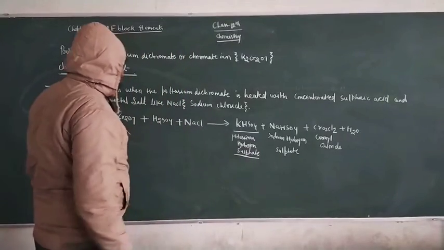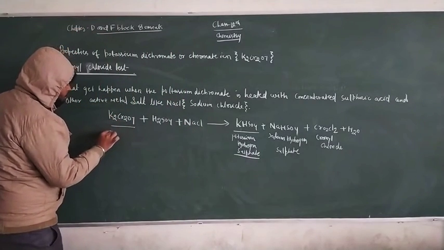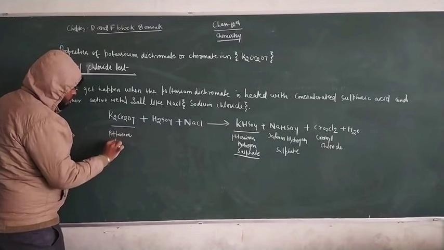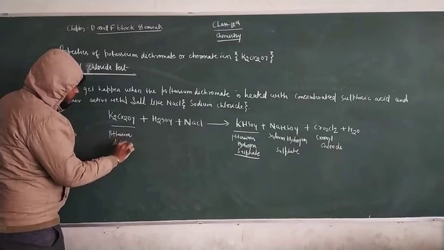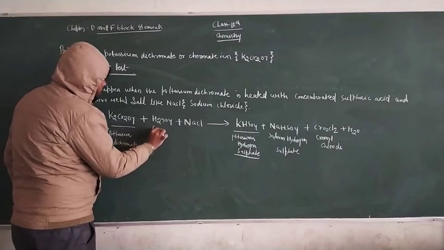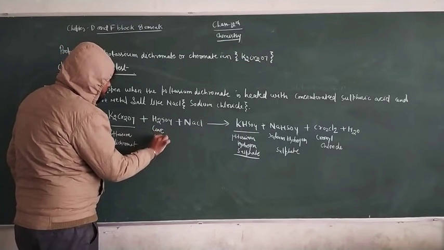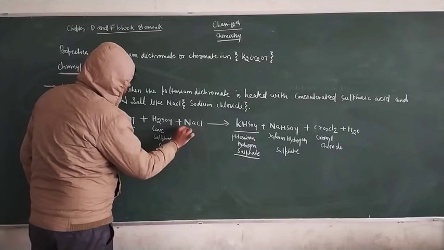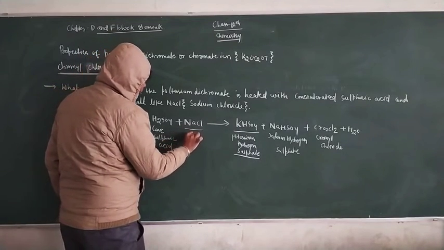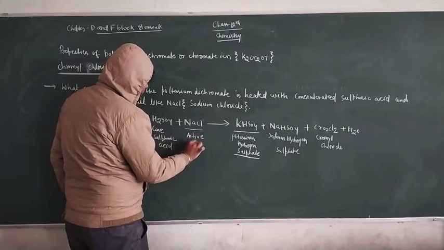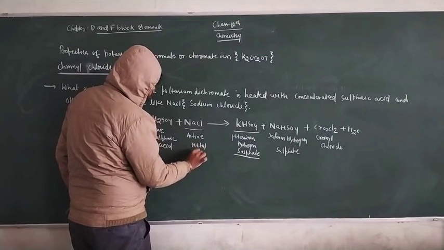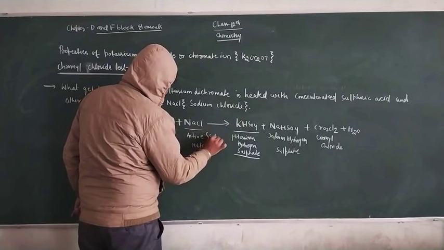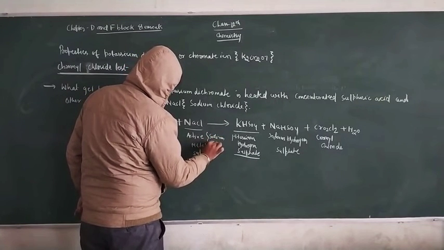This is our product from potassium dichromate with concentrated sulfuric acid and an active metal salt, that is sodium chloride.